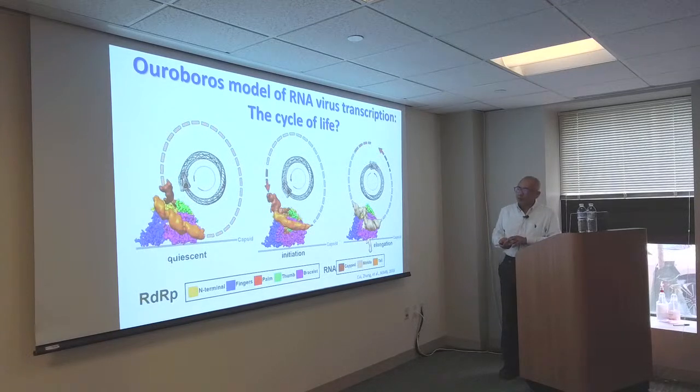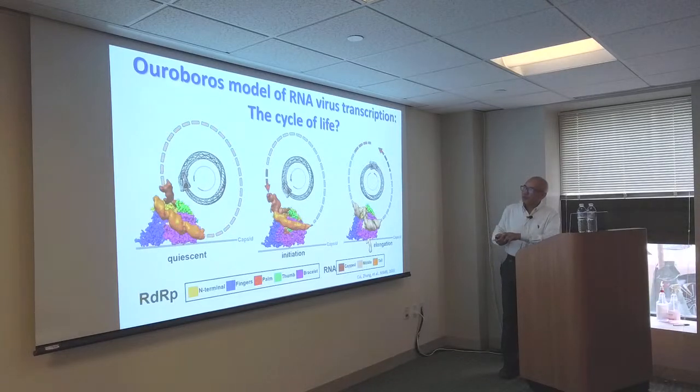So in this model, the polymerase is stationary, attached to the capsid, and then the genomic RNA starts transcribing as shown here, and this is the tail of that. During the transcription, this tail moves around, and then the leading template region will chase this tail during the transcription cycle.